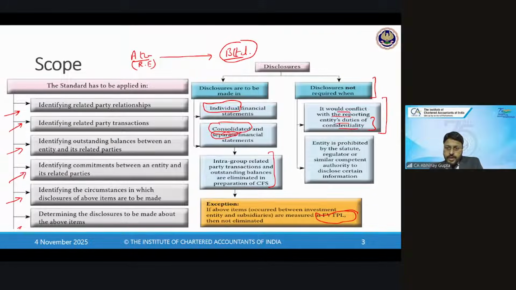Now, the other exception: entities prohibited by any statute, regulator, or similar competent authority from disclosing certain information.